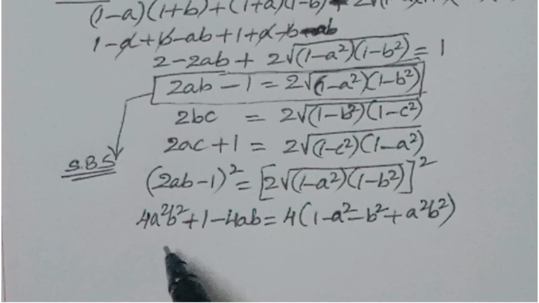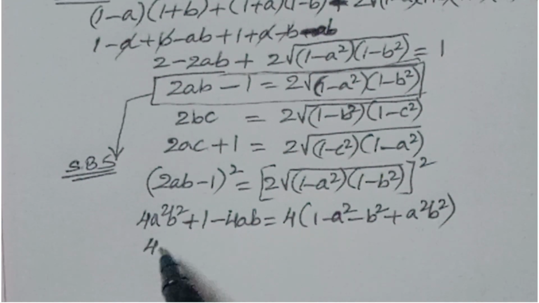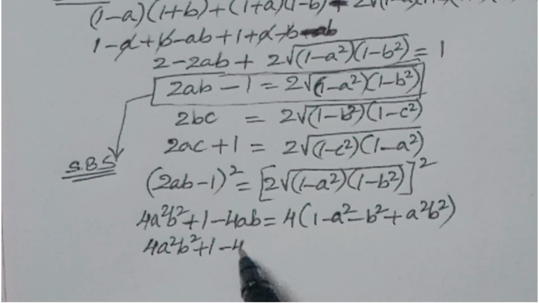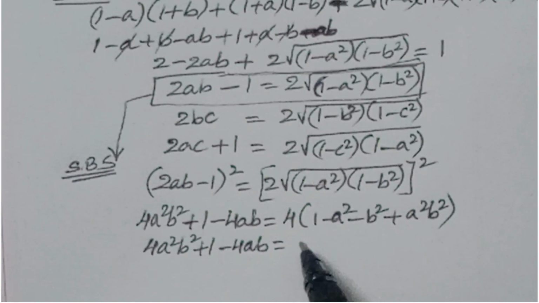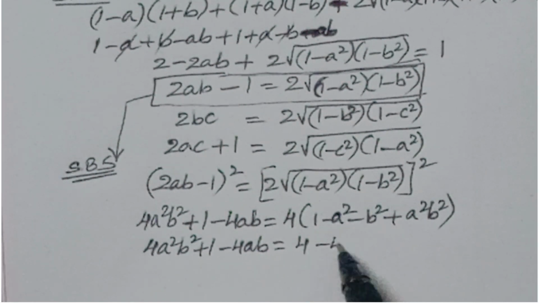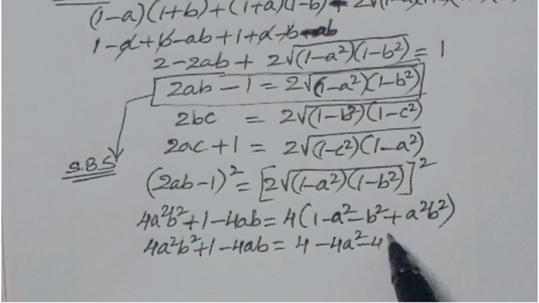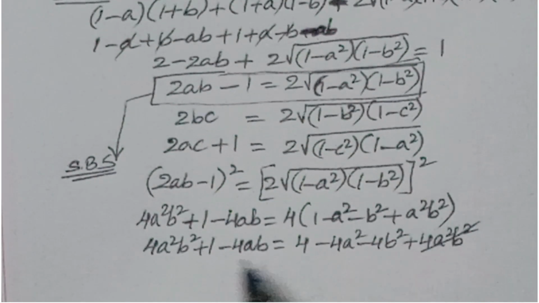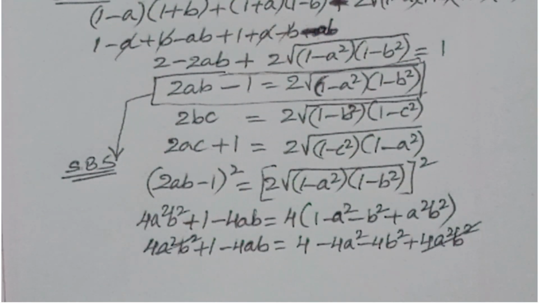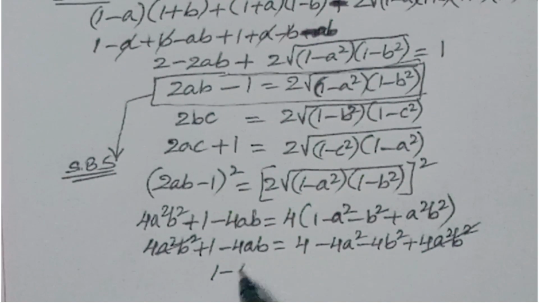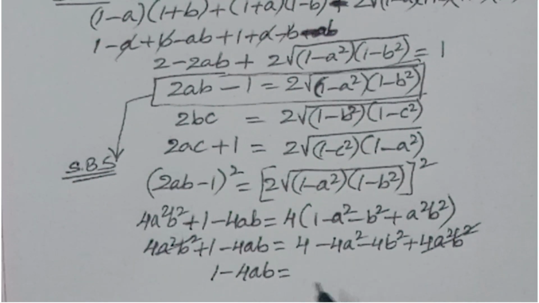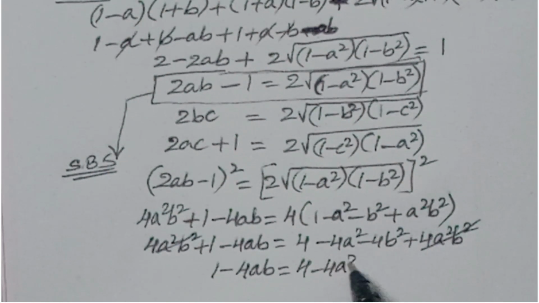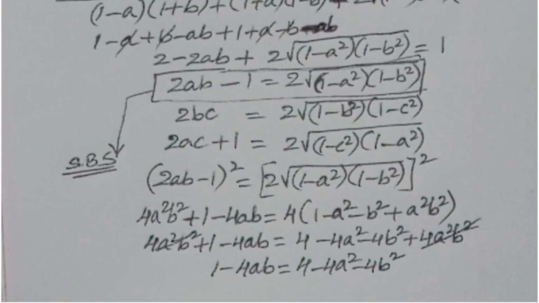So here if you open the bracket, 4a square b square plus 1 minus 4ab is equal to 4 minus 4a square minus 4b square plus 4a square b square. Both will get cancelled, 4a square b square. 1 minus 4ab is equal to 4 minus 4a square minus 4b square.